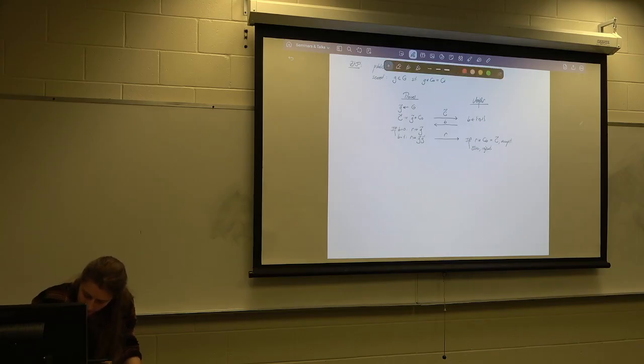Okay, so here's the idea, which hopefully should be clear by now. The prover knows how to get from C0 to C1 via g, but I basically have this diagram.